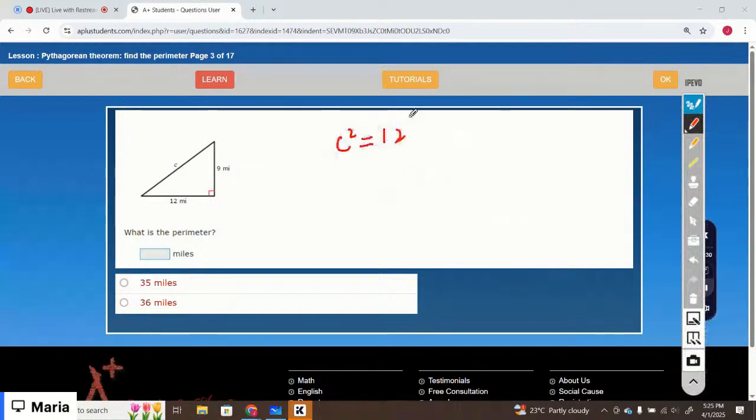That is 12 square plus 9 square, which is 144 plus 81. C square is 225.